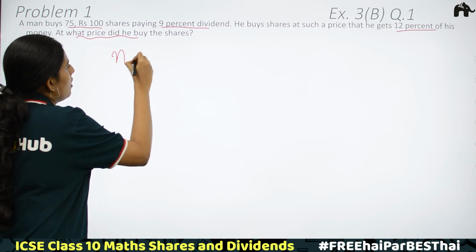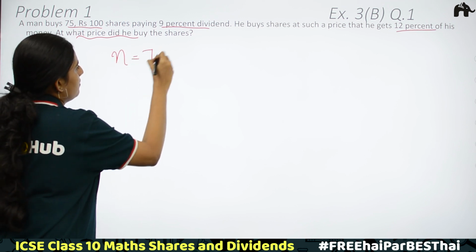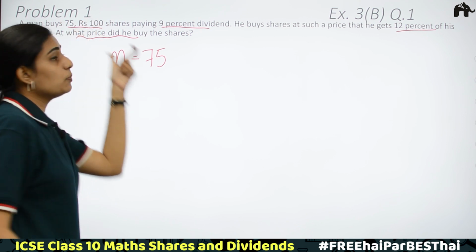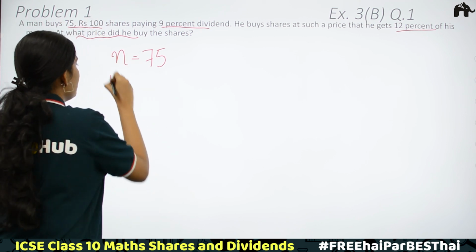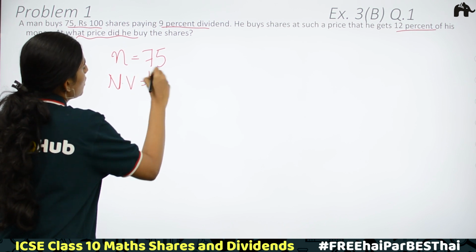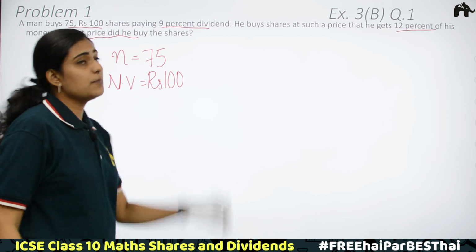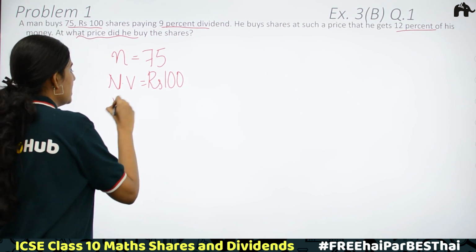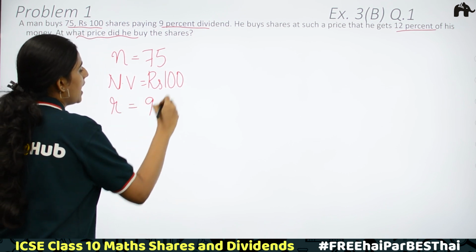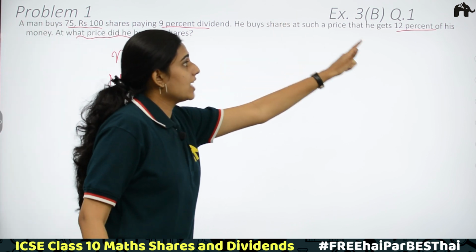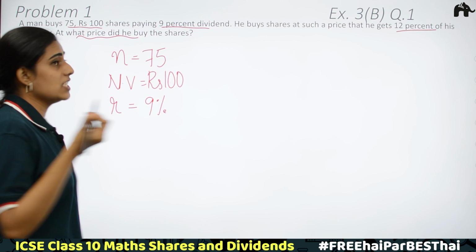Given number of shares is equal to 75. Then a man buys 75 rupees 100 shares, which means the nominal value is equal to rupees 100. Paying 9% dividend. Rate of dividend is given, that is 9%. He buys shares at such a price that he gets 12% of his money.